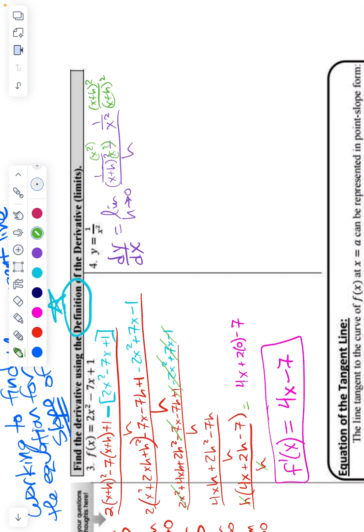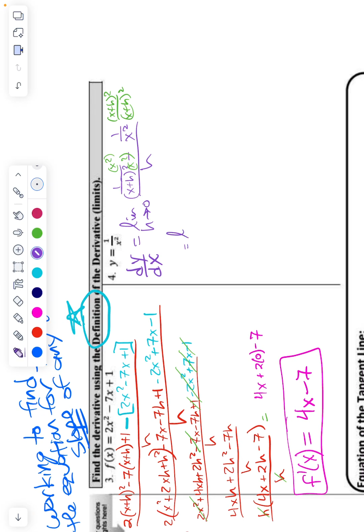Okay? All right, rewrite all this stuff. Limit as h goes to 0 of x squared minus x plus h squared over x squared times x plus h squared.